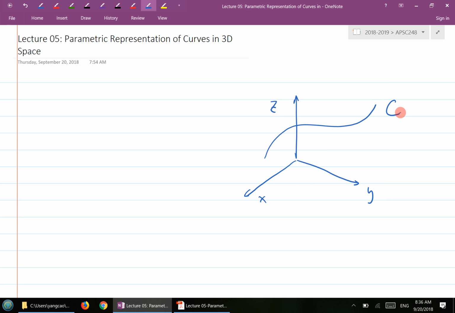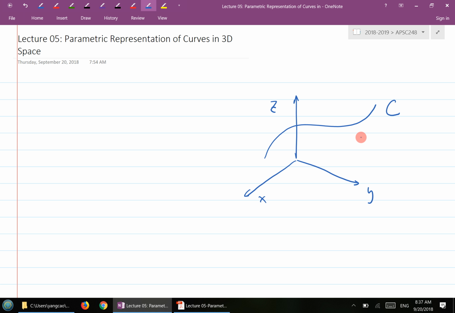I have a curve C drawn here. So the point here is, how can I represent this curve C in 3D space? Just like representing a line, right?